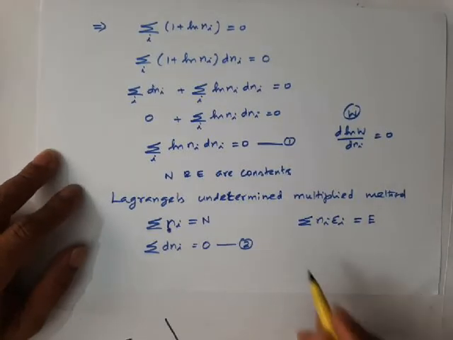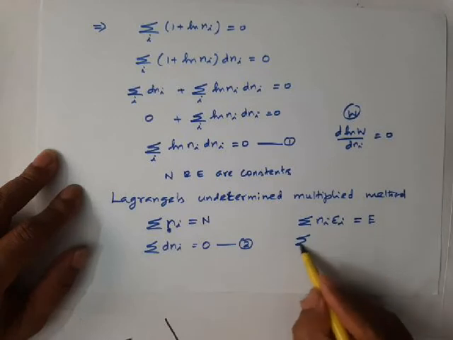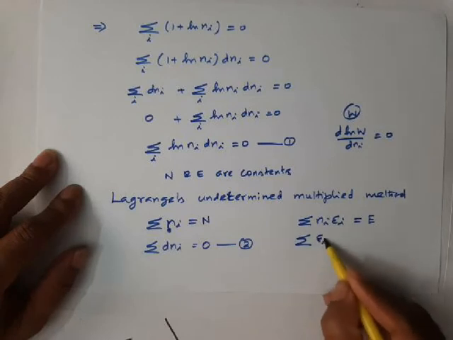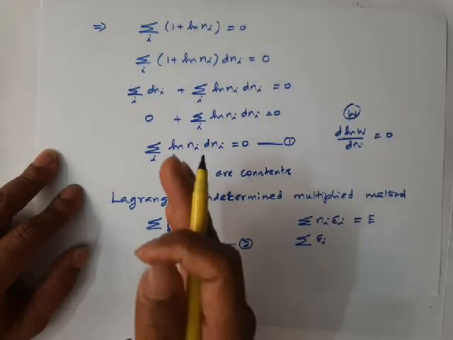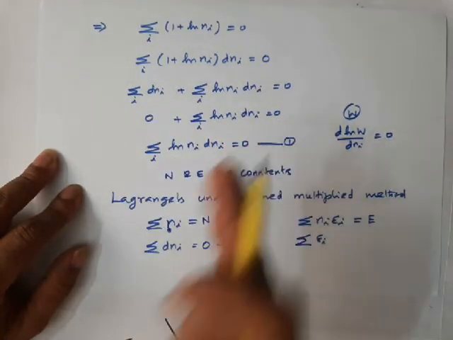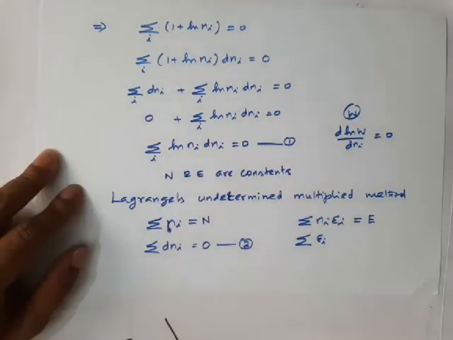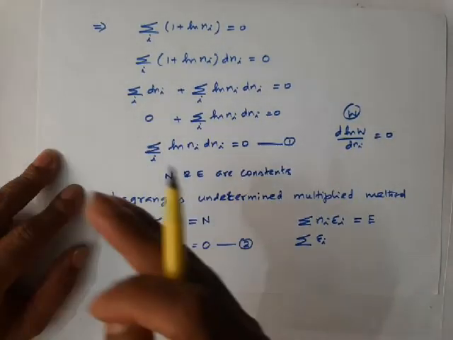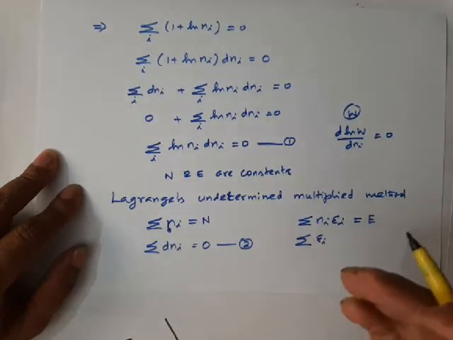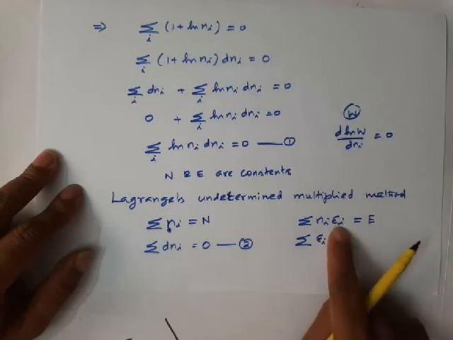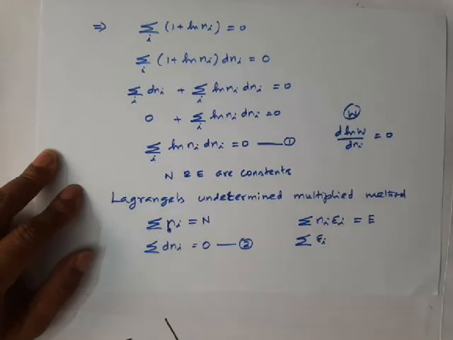If I differentiate both sides, you have to keep Ei as such, because Ei does not change when you move from one distribution to another, since our goal is to find the most probable distribution. When you move from one distribution to another, the number of particles in one level may increase or decrease, but this energy is the quantum energy of the quantum state.